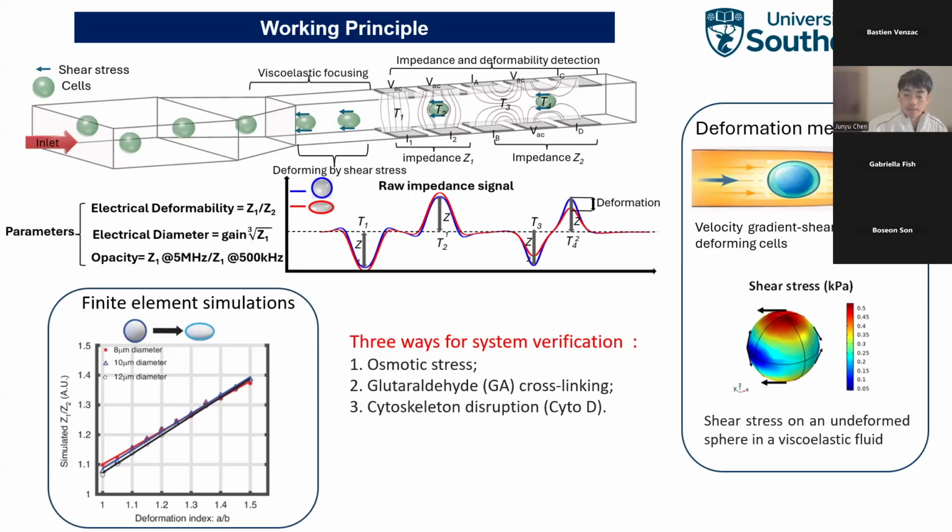So both impedances can provide the change of the cross section of the cells due to the shear stress in two different directions. And the high frequency impedance provides the electrical property of cells like membrane capacitance.